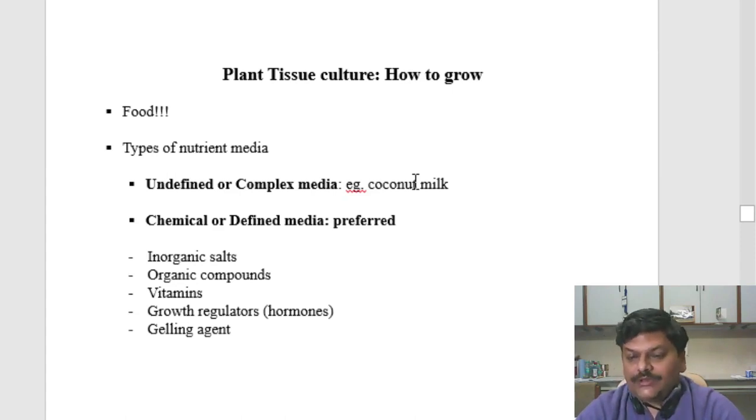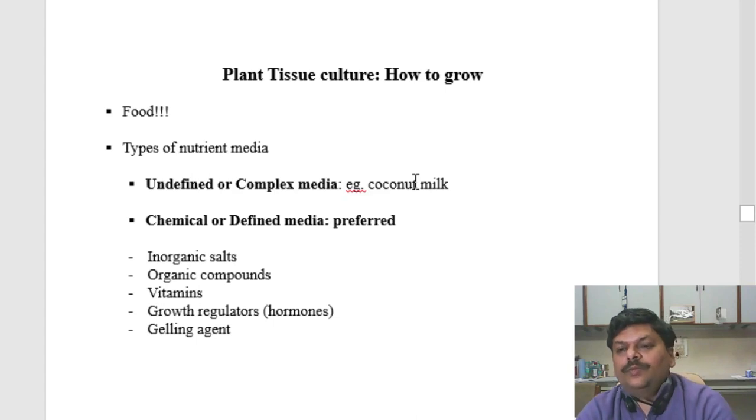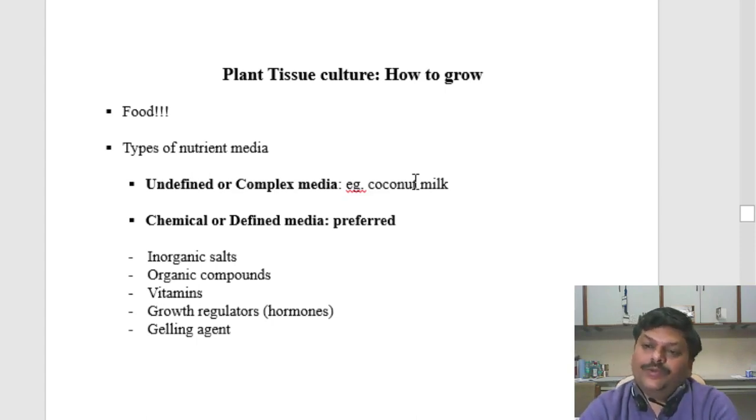As the name suggests, undefined and complex media are those for which we do not exactly know their ingredients. For example, coconut milk. Coconut milk is called a complete food, like milk, which has everything. In case of plants, coconut milk can be used for plant tissue culture, but we do not exactly know the composition of coconut milk.